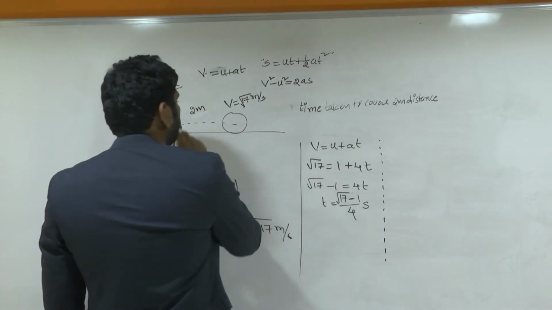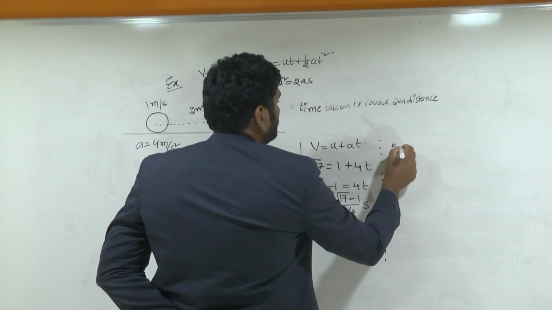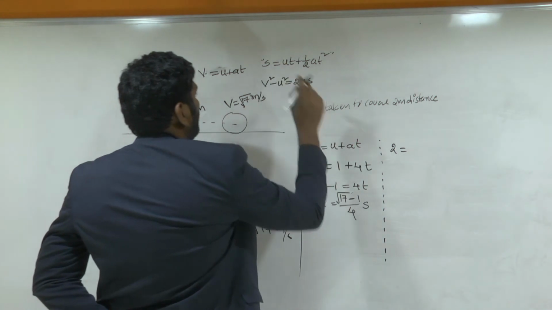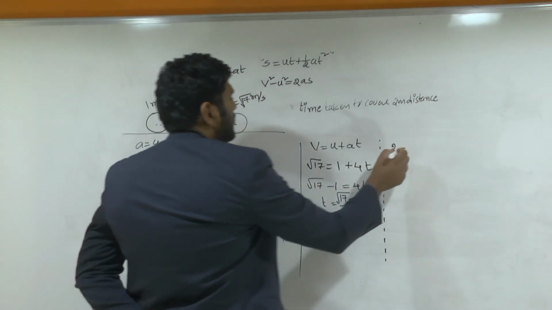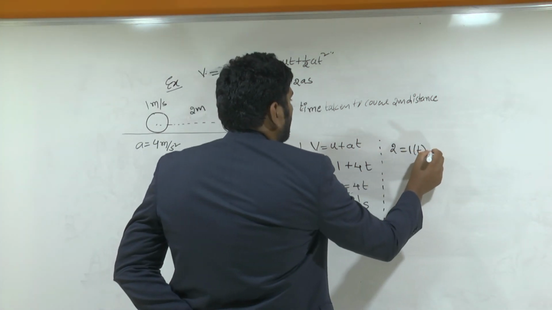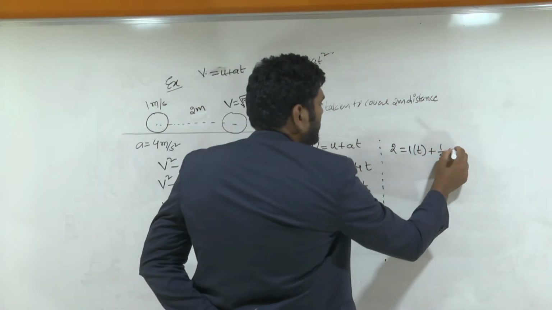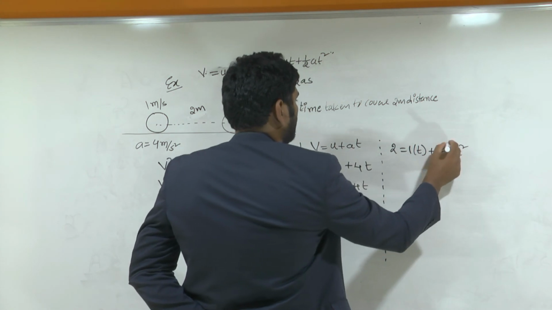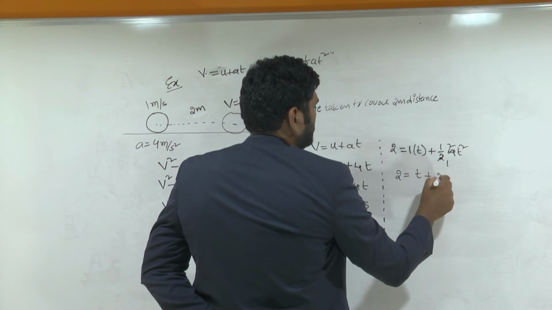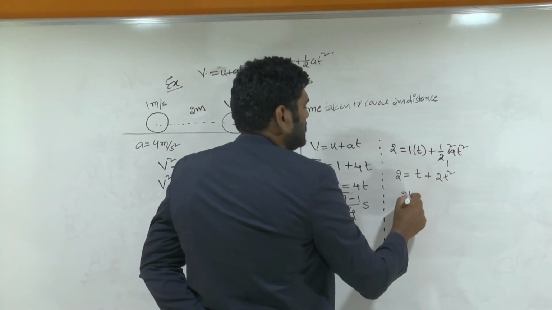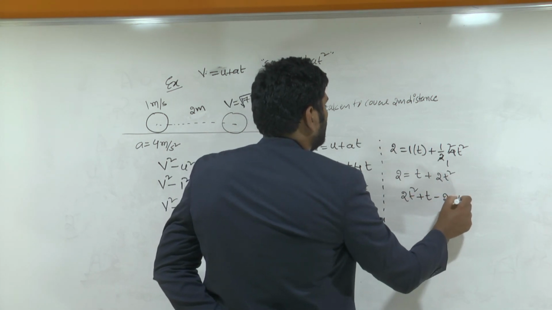Here, what is the s value? 2 is equal to, what is the u value? 1 into t plus half, what is the a value? 4 into t². So 2 = t + 2t², which gives 2t² + t − 2 = 0.